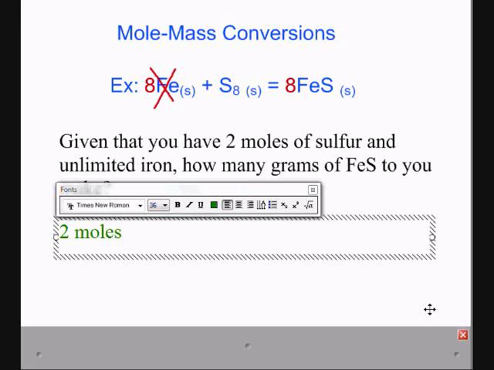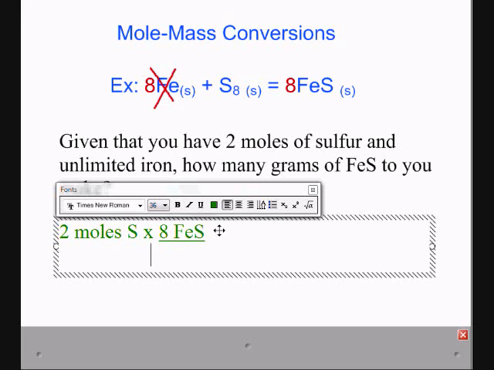2 moles of sulfur times the molar ratio. What's the molar ratio? I get 8 moles of iron sulfide, right, for every 1 mole of sulfur, right? So let's go ahead and put that in here before we forget. 8 moles of product for every 1 mole of sulfur.